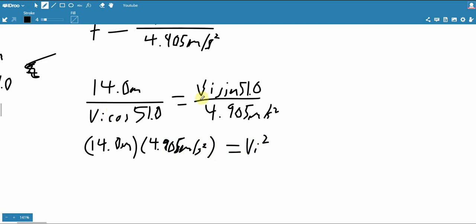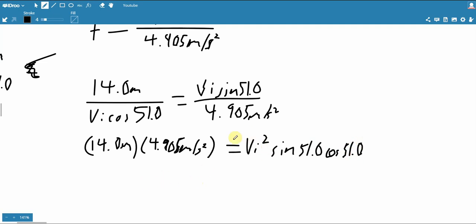The two VI's, we can simplify them to VI squared, and then we have sine 51.0 times cosine 51.0.